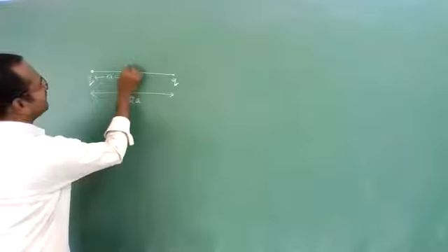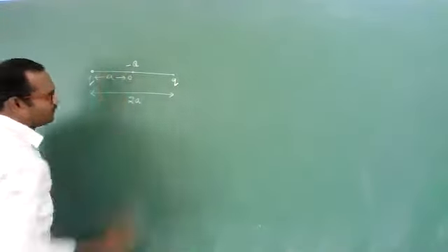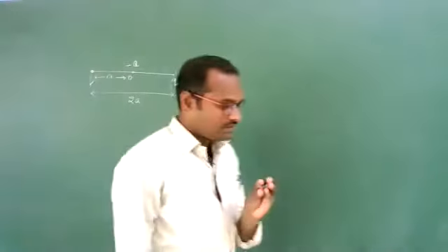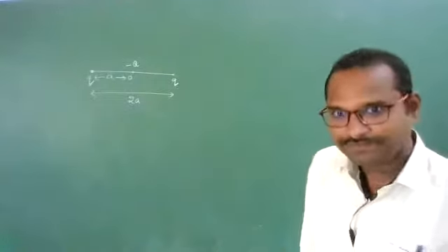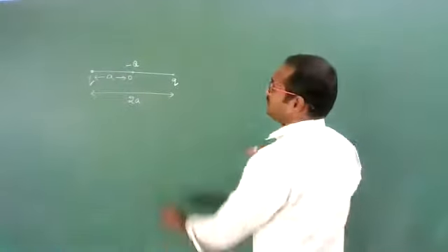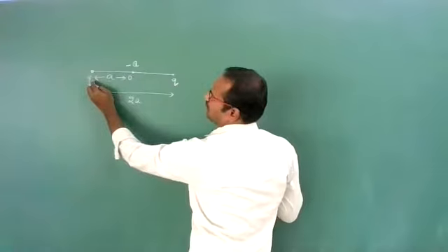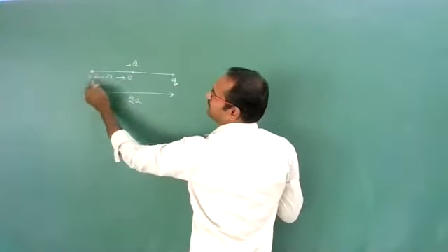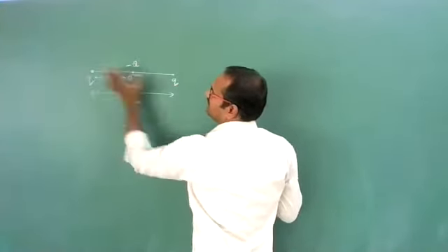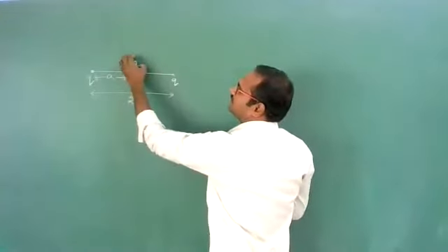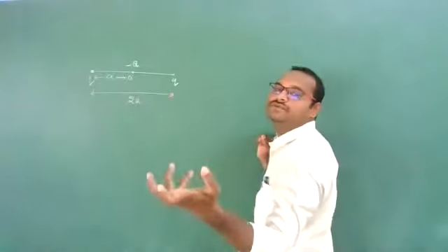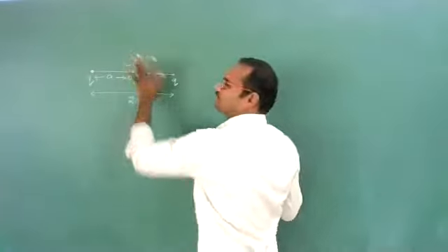Now let us suppose we have kept a negative charge, capital Q. Is this negative charge in equilibrium? Let us check. Due to the small q charge on the left side, the force on this is towards this, and due to this charge, the force on this is also towards this, because it is an attractive force. So it is in equilibrium.